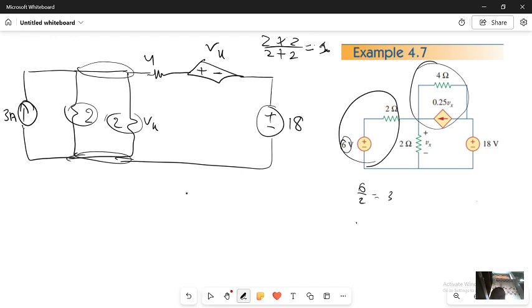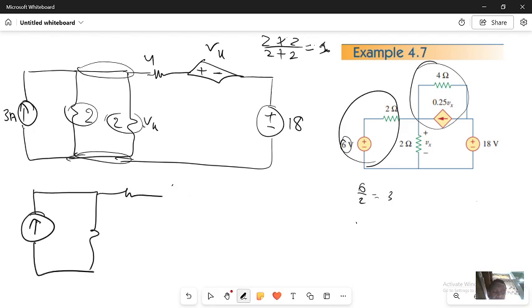So I have V1, and the voltage of this one and the voltage of this one are the same since they are in parallel. So my circuit can be reduced to this case. I'll have plus minus 18, and plus minus Vx.